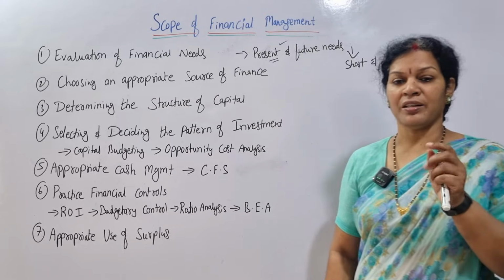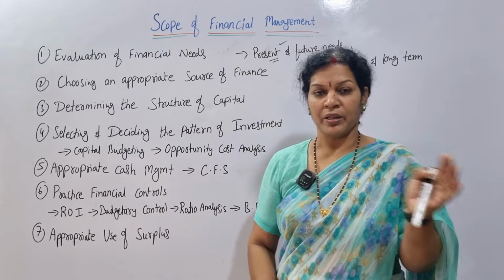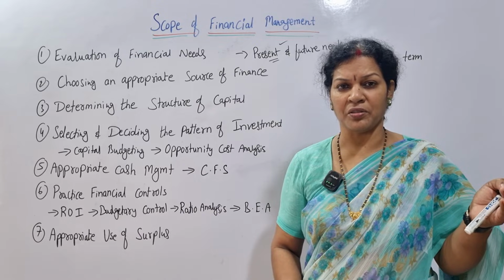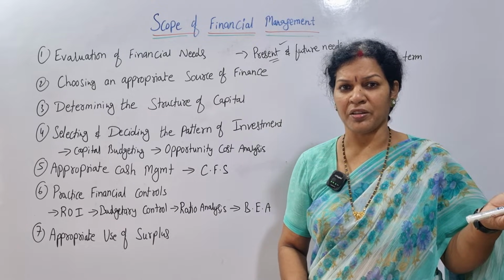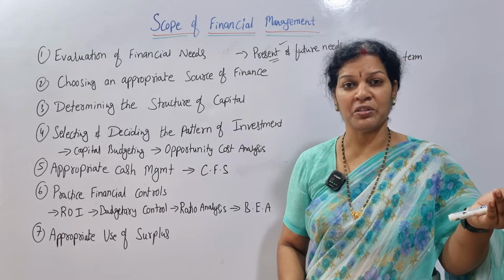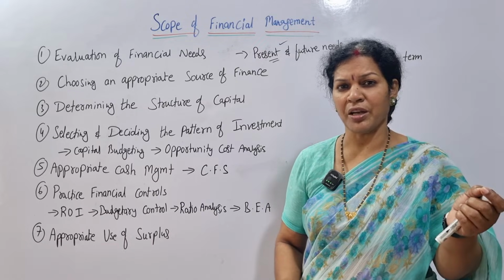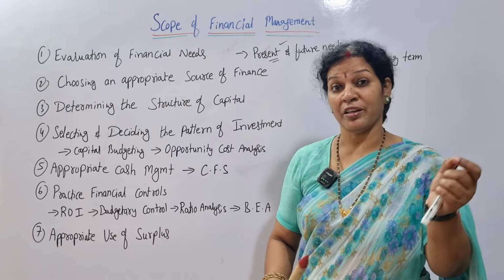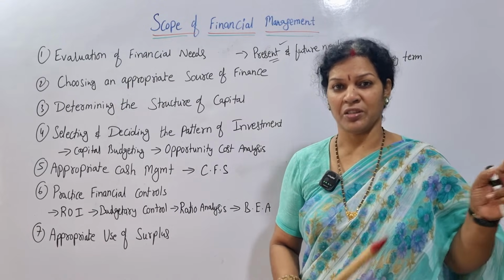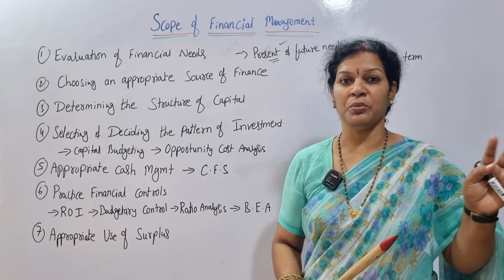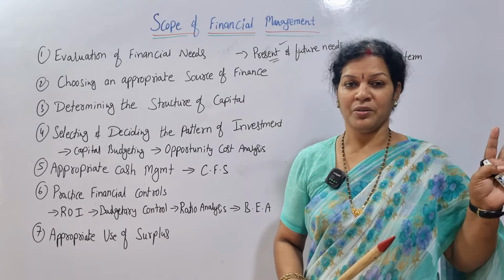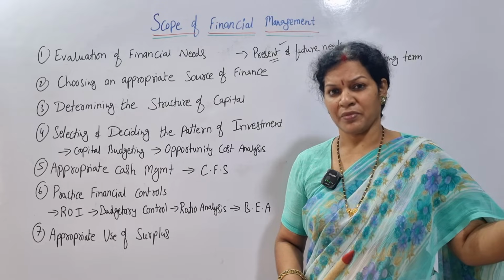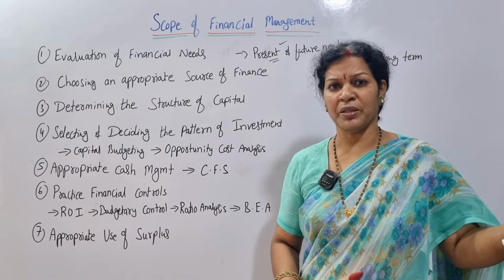Once you decide that this is the right way, now I want to get my funds through the shareholders. How many kinds of shareholders are there? Preference shareholders and equity shareholders. How much do I have to issue for preference shares, and how much for equity shares? That distribution you also need to be careful about. And how much do I have to issue in debentures, and how much loan do I have to take from the bank?